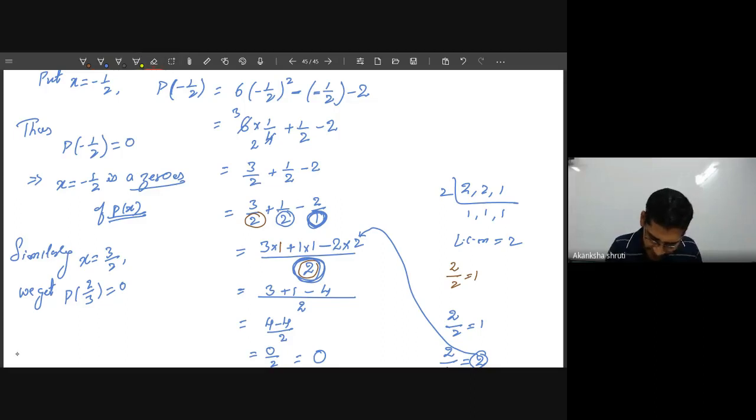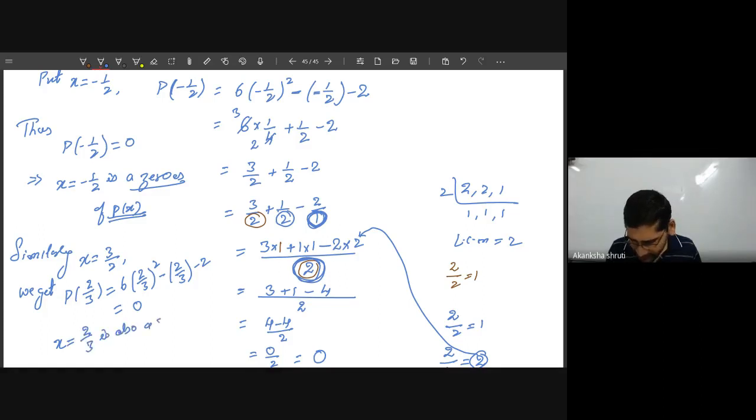Let me write a few things. So you will get like this: 6 of 2 by 3 square minus of 2 by 3. Simplifying this by the same method you will get 0. So this way you can verify x equals to 2 by 3 is also a zero. So this way you have to take care and you have to verify.